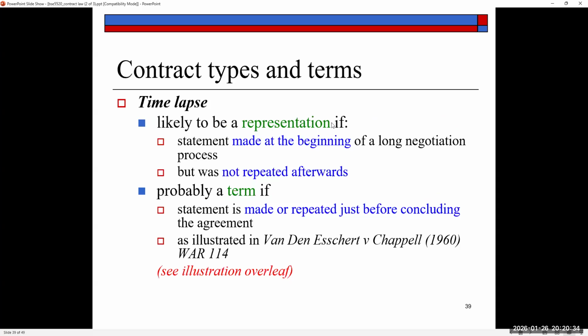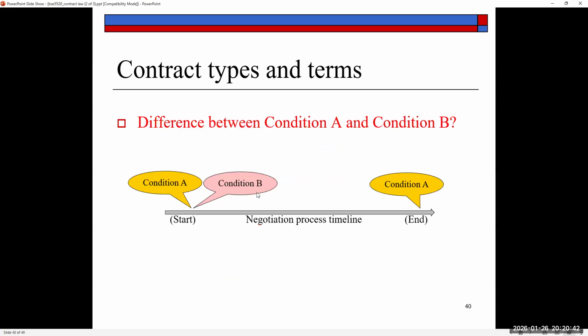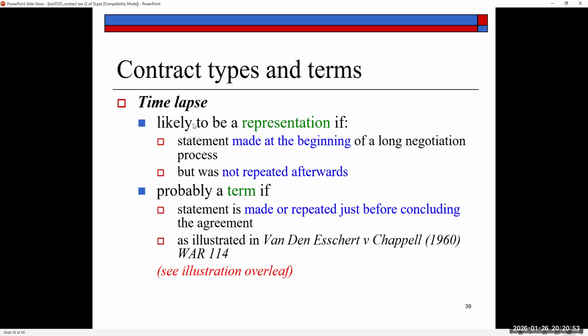Likely to be a representation if the statement made at the beginning is not repeated afterwards. In this picture, condition B was mentioned at the beginning, but not mentioned anymore at the end. Then this condition B is likely to be just a representation. Okay.